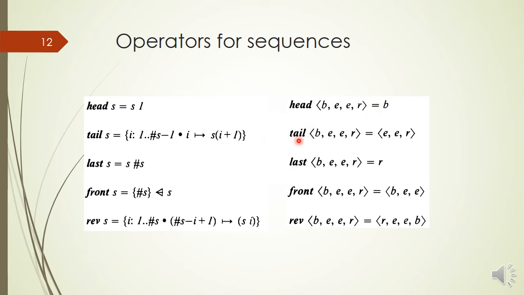Similarly, the tail operator basically returns us the sequence without the head value. Actually, whenever we want to get the tail of a sequence, we discard the head value and the rest of the sequence would be the tail.